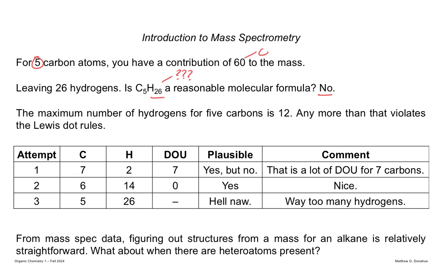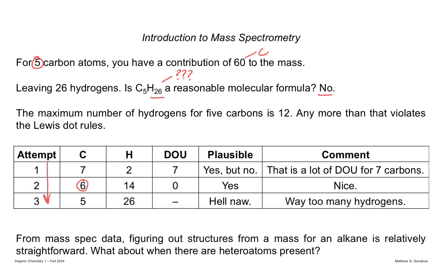And then in this table, we're just highlighting our attempts, where we started with n equals 7. We found there were 2 hydrogens, way too many degrees of unsaturation. It doesn't obey the alkane formula. Attempt 2 with n equals 6 gave us 14 hydrogens, and so that's right on the money.